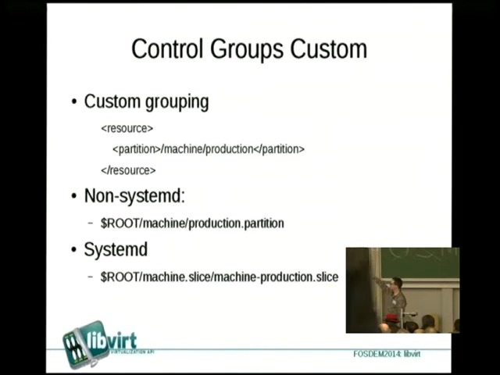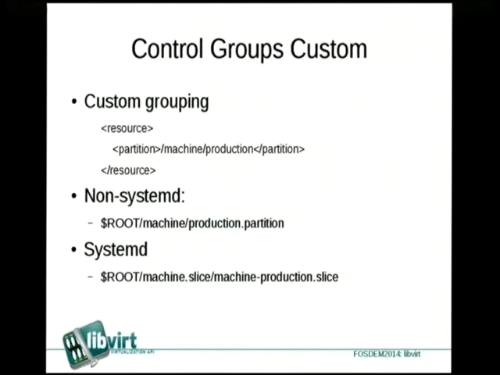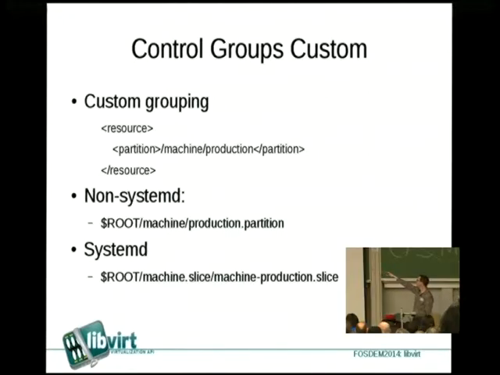And the way you do this in the XML configuration for your guest, you tell it a resource partition, and on a non-systemd host, we just map this into a cgroup directory using a fairly straightforward naming convention. On a systemd-enabled host, we map it in using the systemd naming conventions.